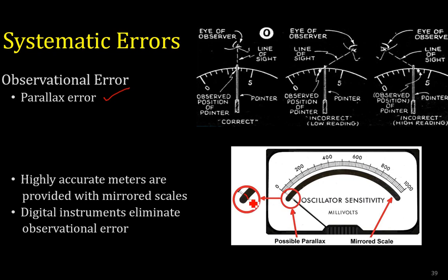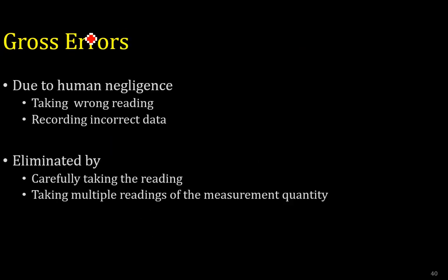If you can see the reflection, that simply means that you are not looking directly above this particular meter. So such meters are available with mirrored scales. Again, with digital instruments, observation error is completely eliminated because you are having digits, so you have no issue of parallax error.